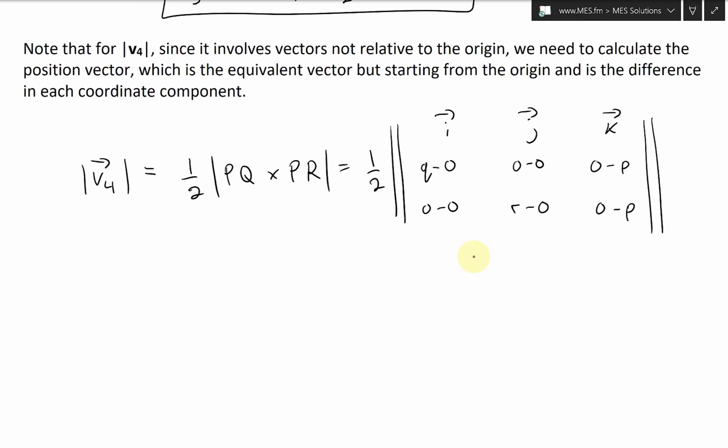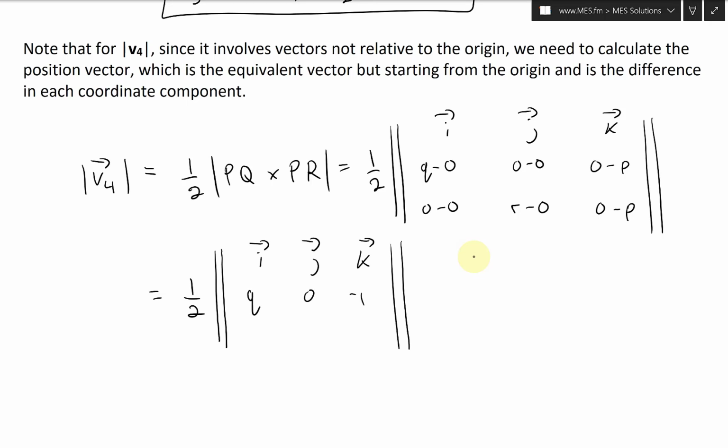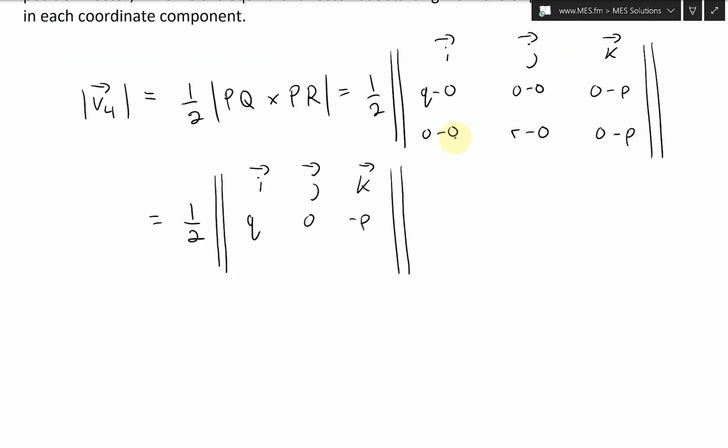And simplify this out. This equals to 1/2 determinant, length, determinant, I, J, K, like that. Length, determinant, length. This is going to be Q, 0, and then negative P. So just subtract all these, get rid of the two variables, put 1 or 2 numbers. 0, R, negative P, like that.